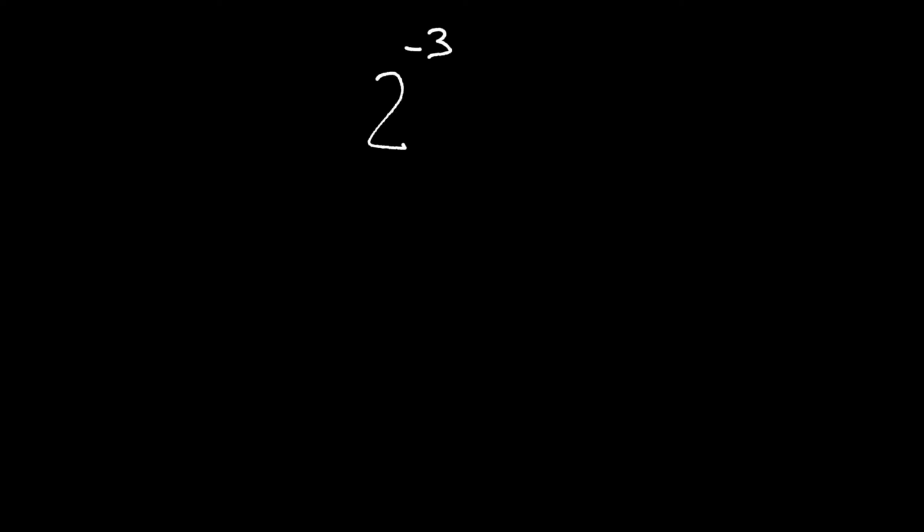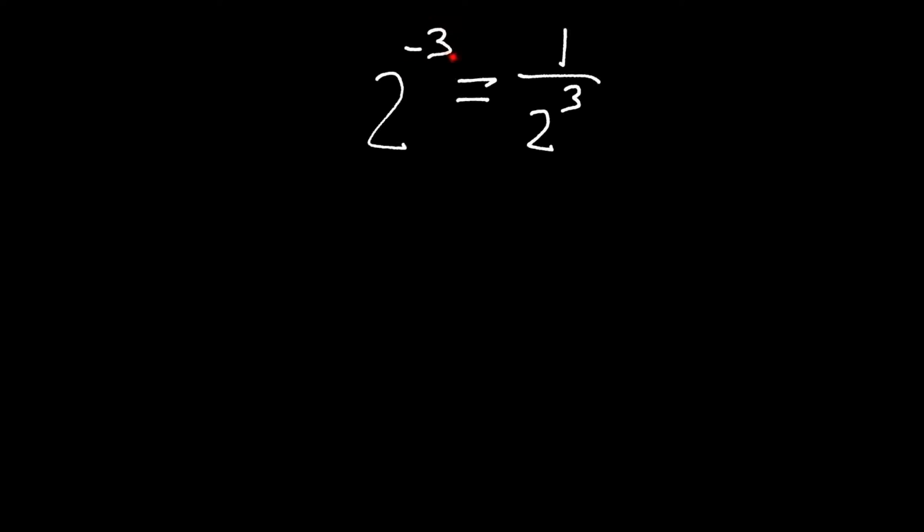For this example, we have 2 raised to the negative 3 power. Now we could make a table like we just saw in order to solve this, but there's got to be a faster way. And thankfully there is. A negative exponent means that we really have a fraction, and I could rewrite this as 1 over 2 to the 3rd power.